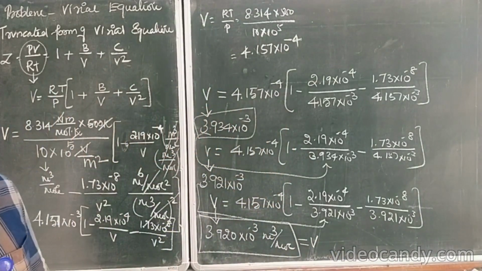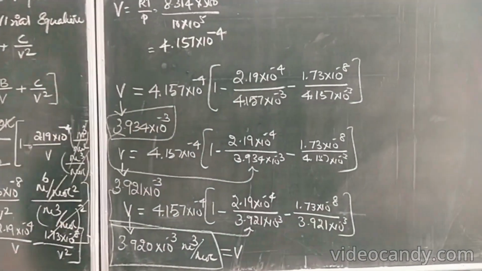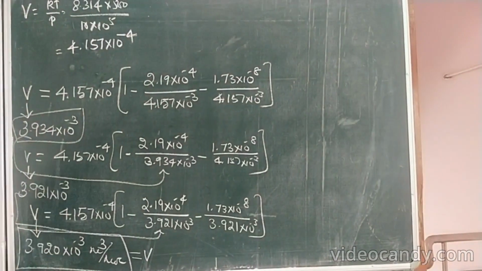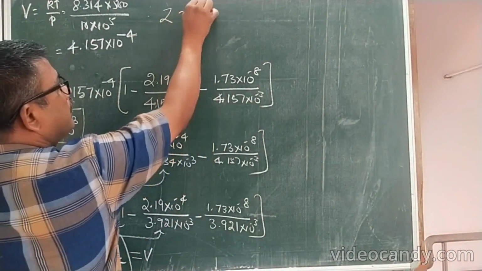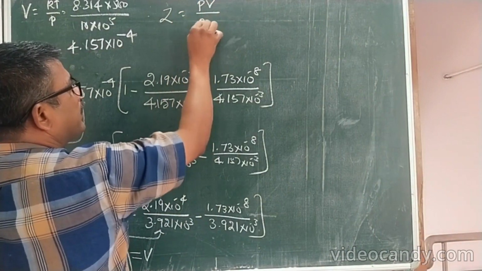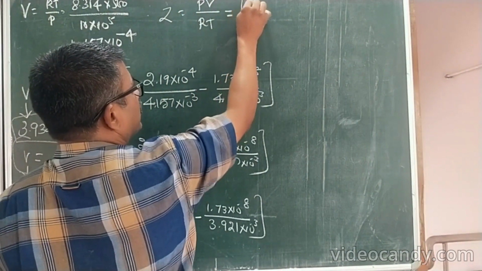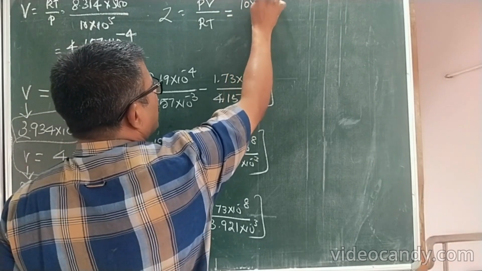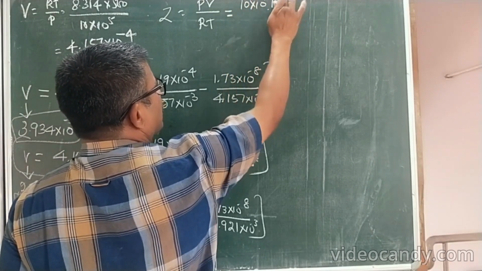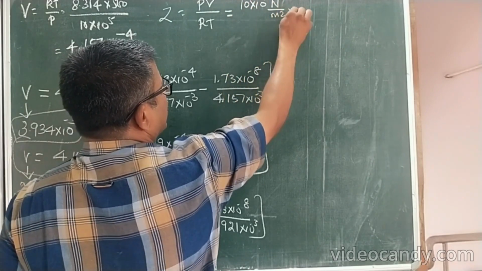Next, I am going to calculate the compressibility factor Z. Z is equal to PV by R into T. That is equal to P in terms of Newton per meter square, 10 into 10 to the power of 5 Newton per meter square, into volume.